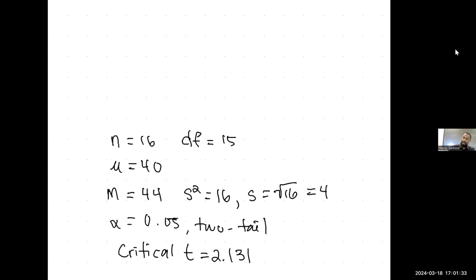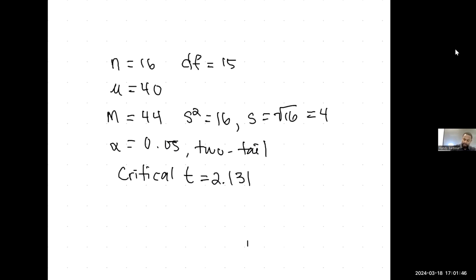So I know that my hypothesis test, I'm just going to go through it really quickly for you. My hypothesis test is going to look something like this, okay? My null hypothesis and my alternative hypothesis should look like this: the null says mu equals 40.